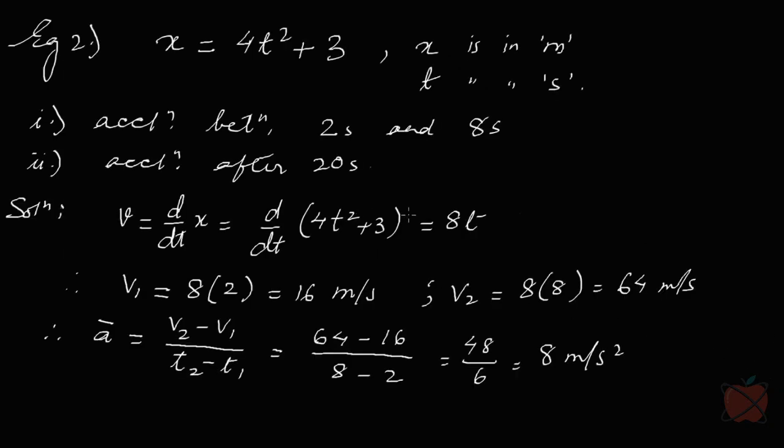Okay, let me just check here once again. I have a gut feeling that this is wrong. Okay, x is equal to 4t squared plus 3. x is in meters, t is in seconds, so acceleration between 2 and 8 seconds. So we first find velocity by differentiating x. You differentiate this, you'll get 8t. Then we put v1 by putting the time, 2 seconds here.